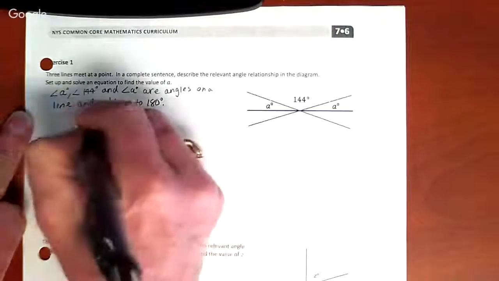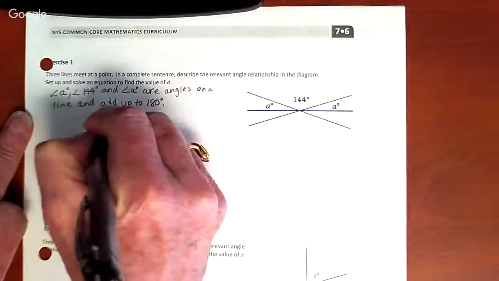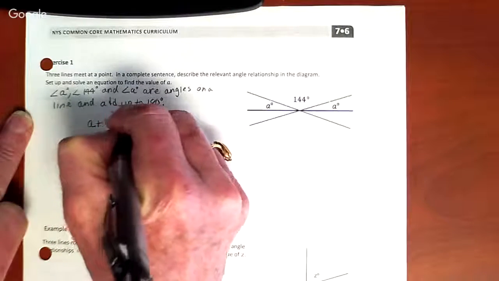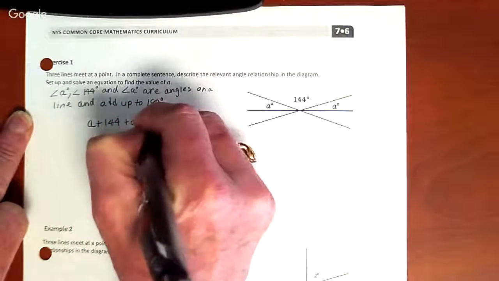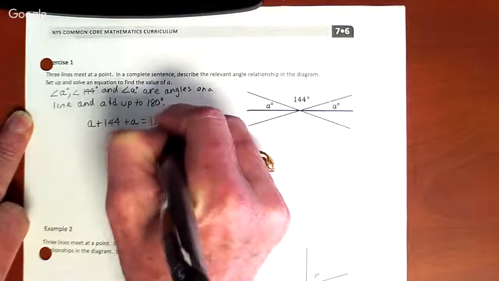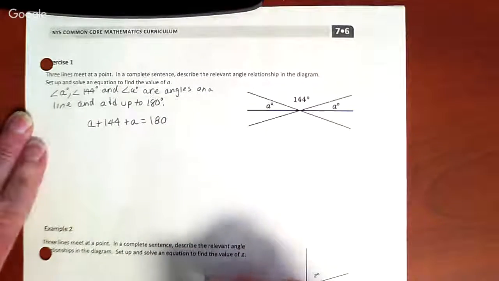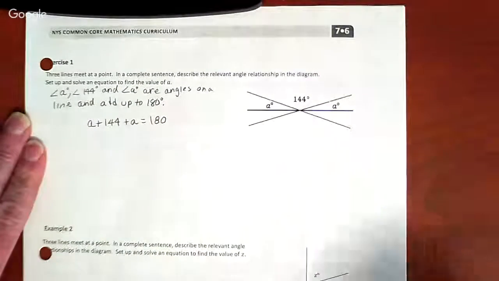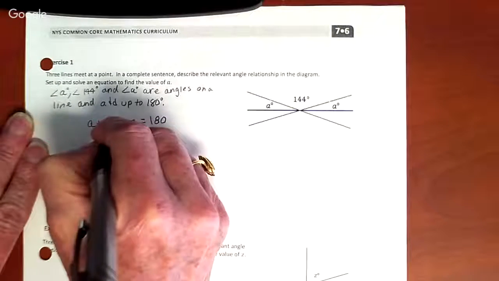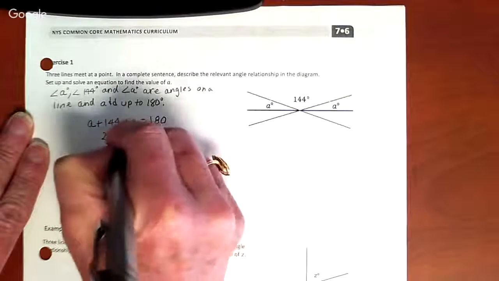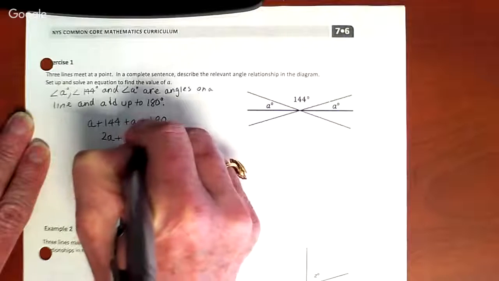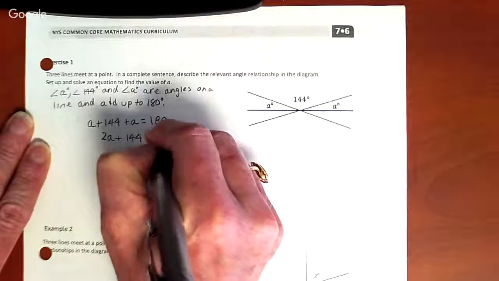So now we have A plus 144 plus A equals 180. So from here, we've got 2A by combining our like terms, plus 144 equals 180.